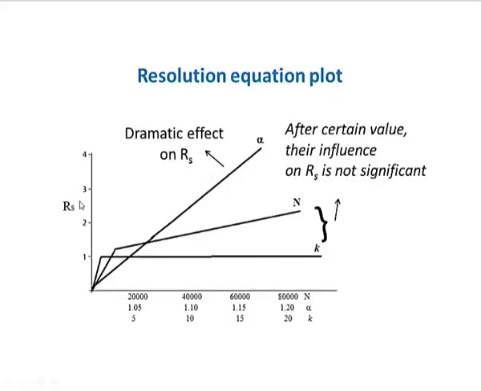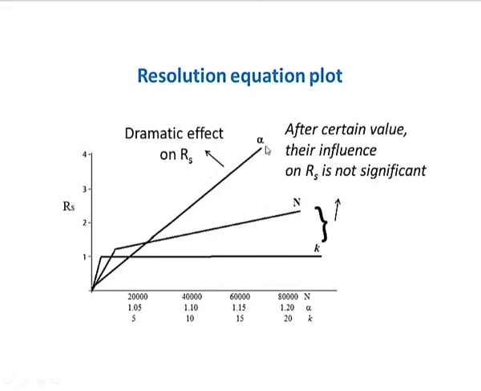So, to summarize the resolution equation and its optimization in terms of all the three important parameters, I have taken up this graph here, which tells you about the variation of resolution in terms of all three factors: selectivity factor alpha, number of plates n, and capacity factor k. As you look at this graph, it is very easily obvious that changing the selectivity alpha has the most prominent and dramatic effect on resolution.